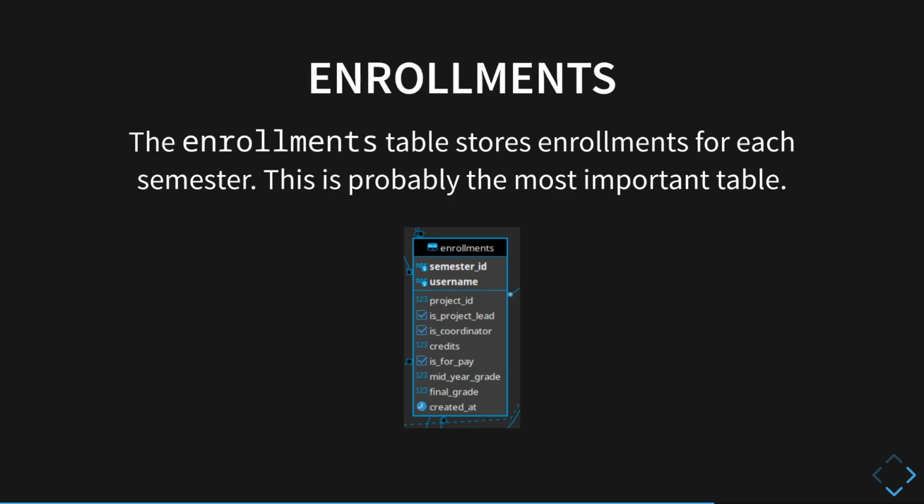With this table, in tandem with the other ones and the relationships, we can instantly ask questions like, who was enrolled in RCOS last semester for credit on open circuits? Or who was the project lead of YACS in spring 2021? Or how many people are doing RCOS for experience? Or what percentage of people do RCOS for experience over credit per semester?